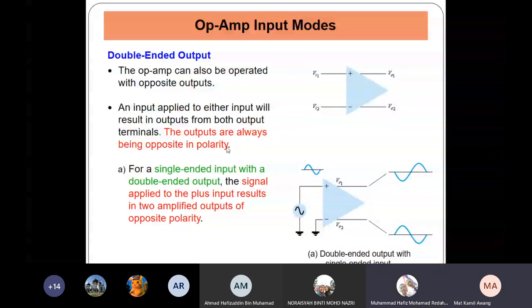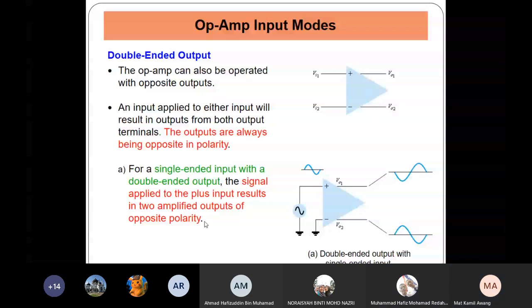An input applied to either input will result in output from both output terminals. The outputs are always opposite in polarity. So for a single-ended input with a double-ended output, the signal applied to the plus input results in two amplified outputs of opposite polarity.